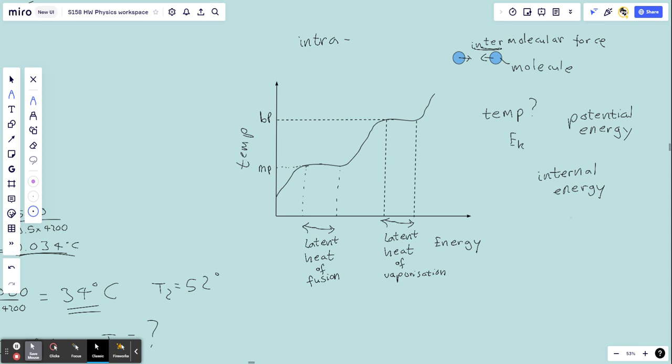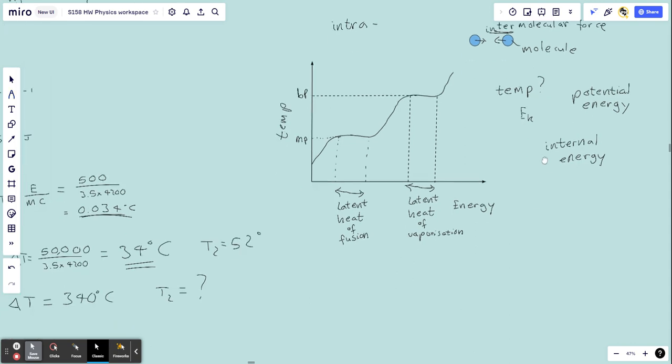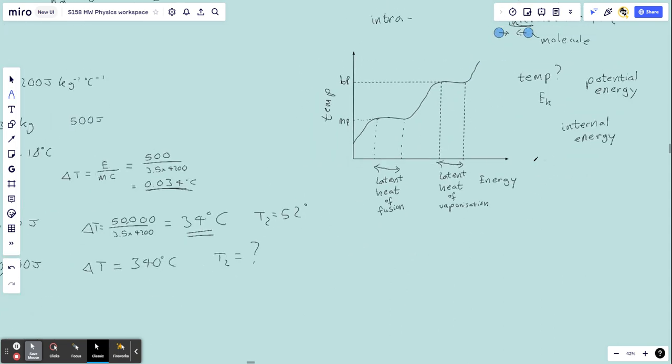So the sum of the potential energy and the kinetic energy is what's known as the internal energy. So I'll stop that video, and that's just basically introducing latent heat and recapping this heating curve, and also going over the three different types of energies there.